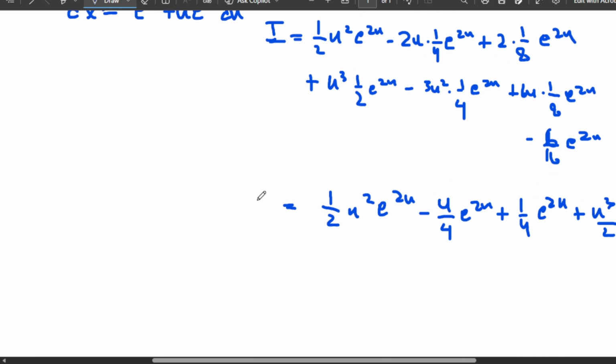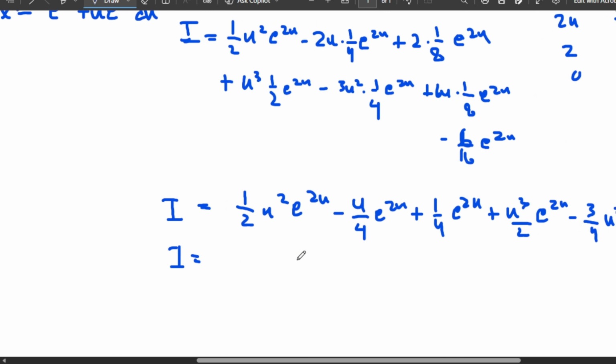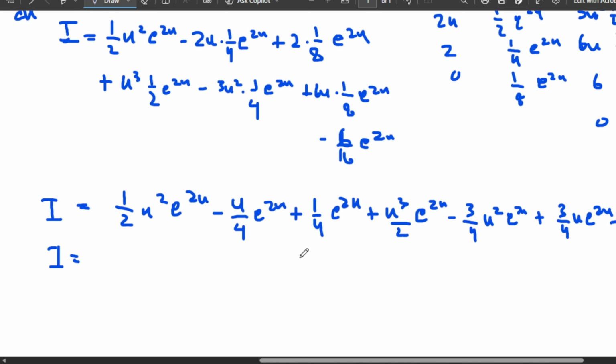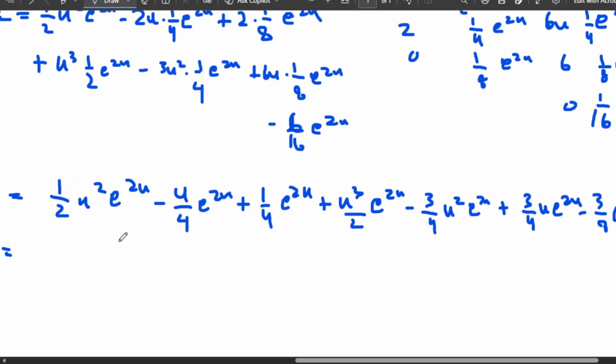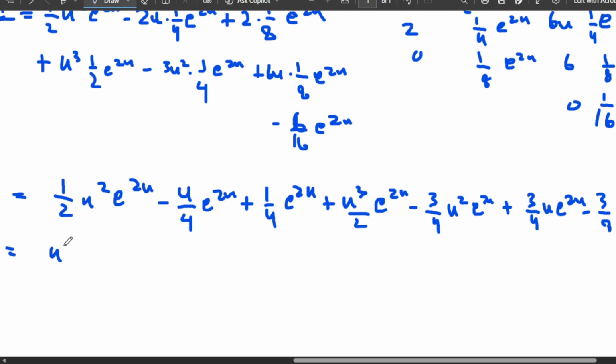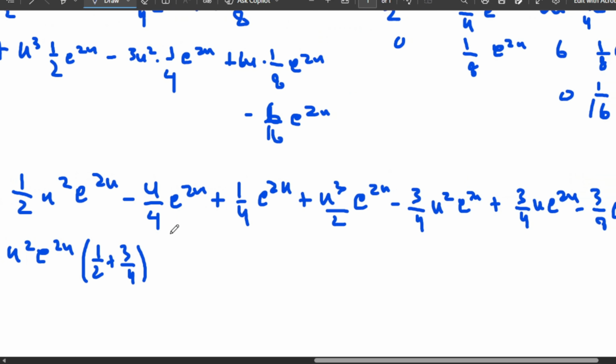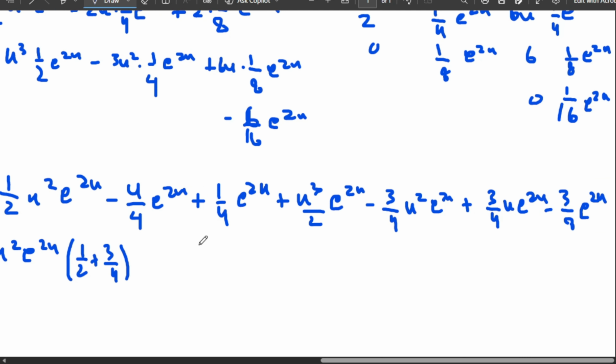Okay, we group the same degrees. So u squared e^(2u) times a half plus 3/4, and then the one with only u would be 3/4 minus 1 over 4.